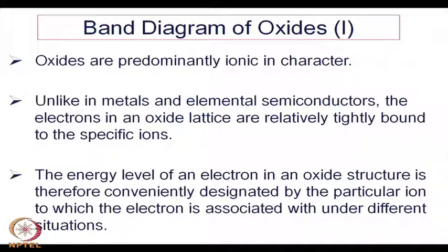The electrons, which are negatively charged, have a much stronger bond with the positive ions, and therefore their situations are slightly different compared to what we get in metals or in semiconductors.